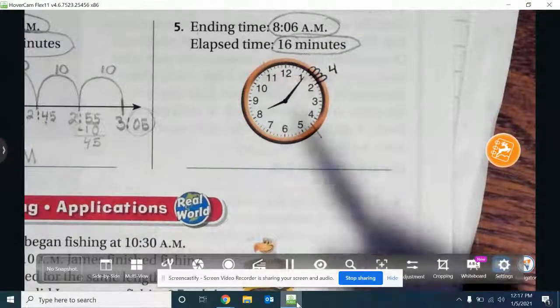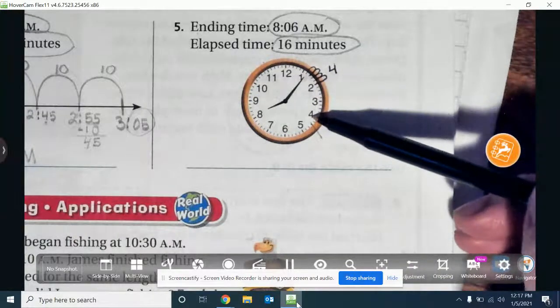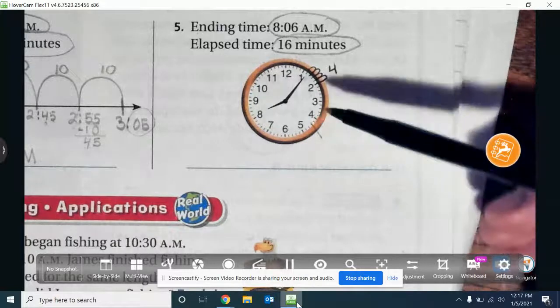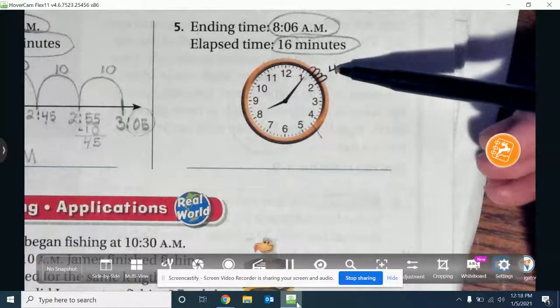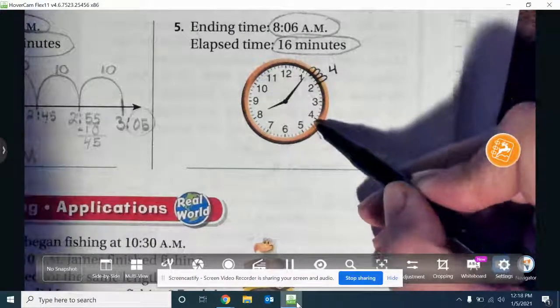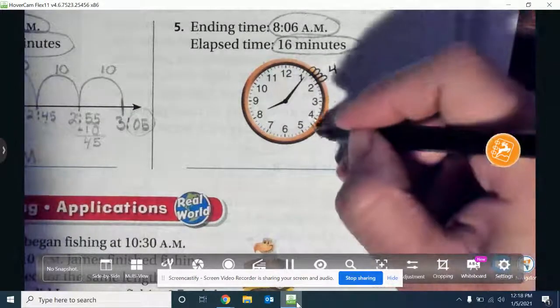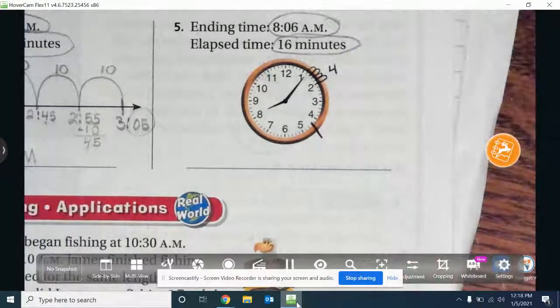So now I'm just going to add by 5. So I'm going to count 5, 10, 11, 12, 13, 14, 15, 16. Okay, so that's another way to do it, but you end at the same spot.